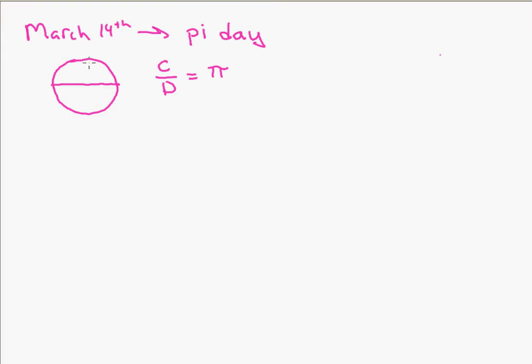Well, my son keeps insisting that the most accurate way to calculate pi is to take a string, wrap it around a circle and carefully measure that distance, and then take that same string and stretch it across the circle and carefully measure that, and you're going to have a very accurate value for pi. Well, that will give you a good approximation, but there's another method that's been used for a couple thousand years.